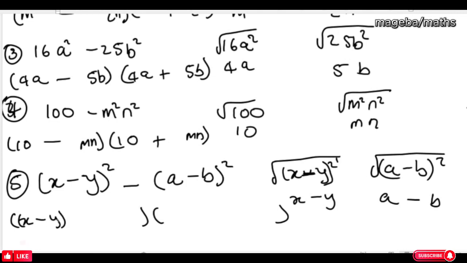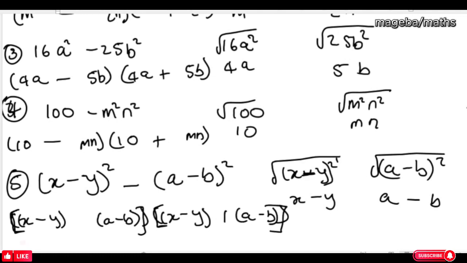Put them in one bracket, a small bracket here, inside the big bracket, and then here also the small bracket, x minus y, and then the last part, which is going to be a minus b, and then a minus b, and then plus or minus. Then you are done factorizing. This is the difference of two squares.